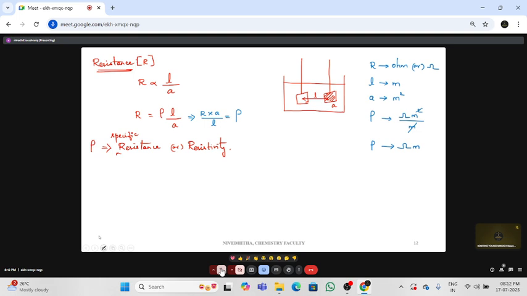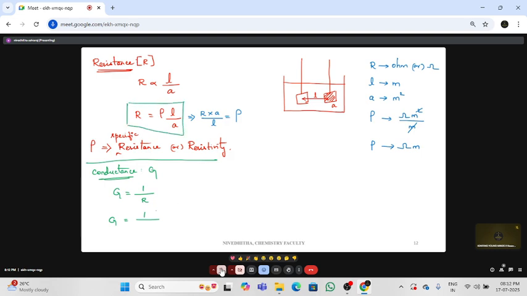Now we're going to check for conductance. I'm going to represent conductance with the alphabet G and not C. It is G. So what is conductance? It is the reciprocal of resistance, right? And what is R, Kanna? We know what is R. Could you please tell me what is R?